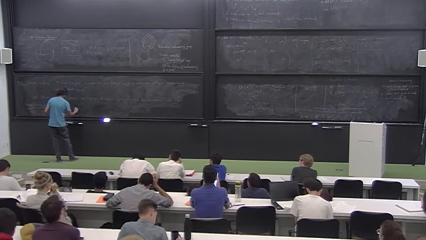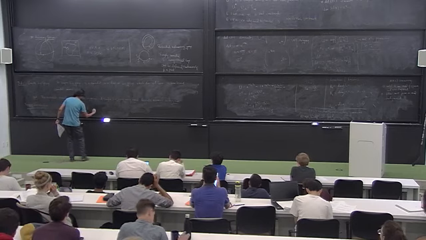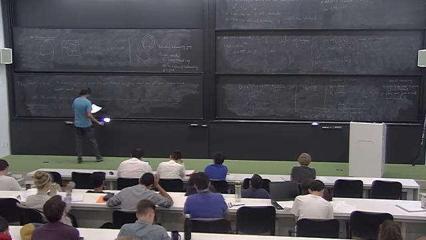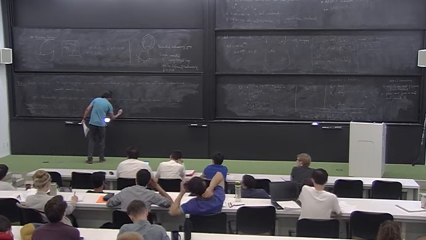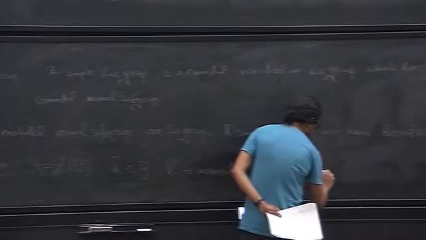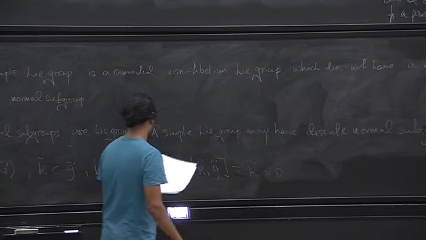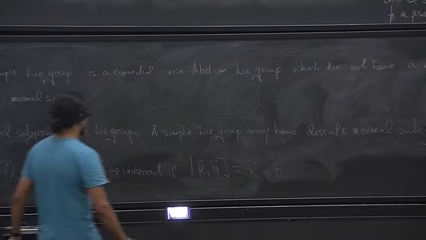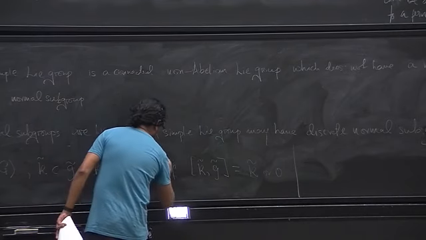Now K is said to be invariant if the commutator of K with all the elements of the Lie algebra G is either in K or vanishes. So K is called an invariant subalgebra.